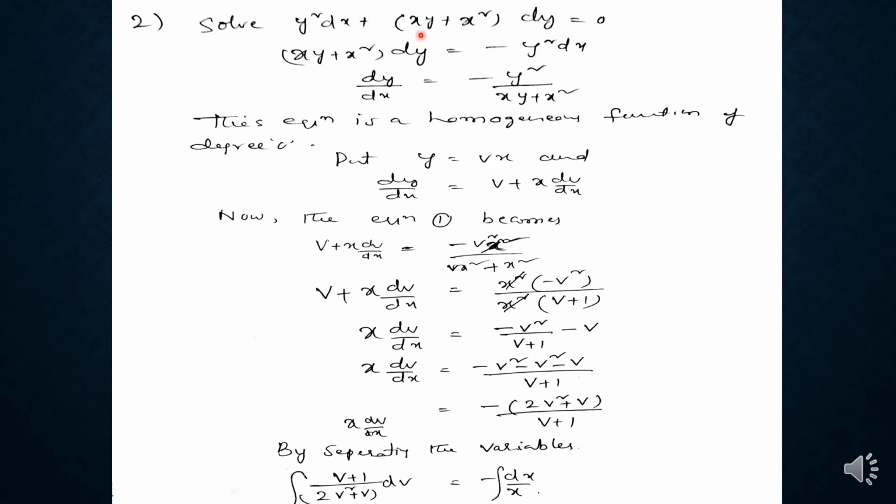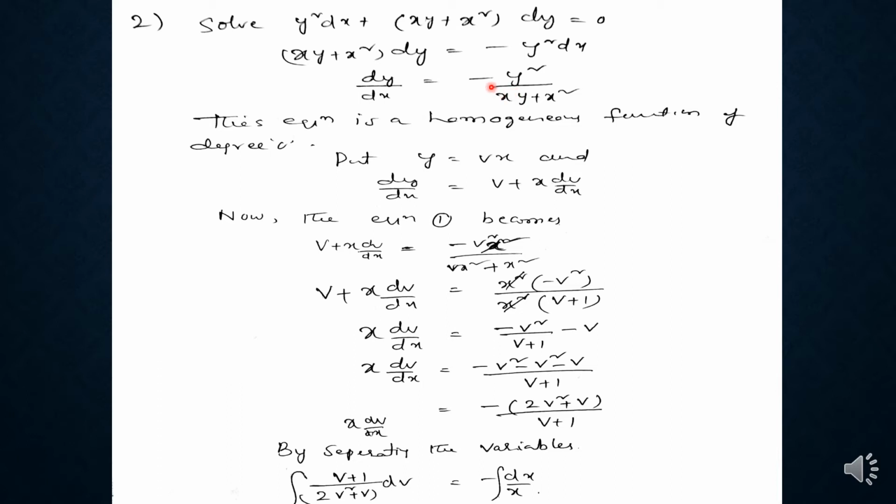This is not the linear form. So write what is dy by dx here. So that is xy plus x square dy is equal to minus of y square dx. So here dy by dx can be written as dy by dx is equal to minus y square by xy plus x square. So here we can check whether it is homogeneous or not by simply checking each term of the function. If we have the same degree in each term, then we can say that it is a homogeneous differential equation.